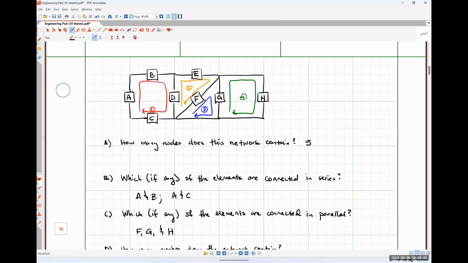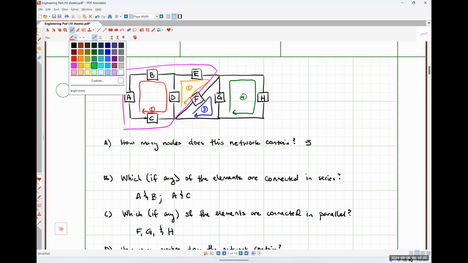Anybody care to venture a guess? So I think there are 3 of them, right? Because we can combine meshes 1 and 2 to get this loop.